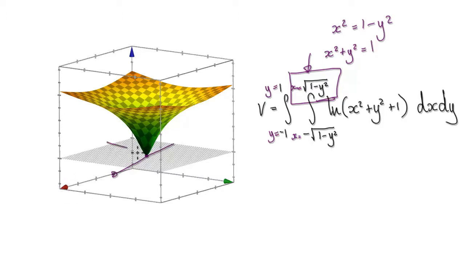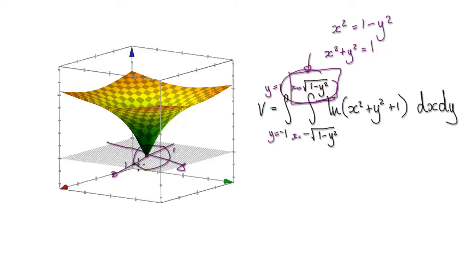This is your y-axis, and we are talking about a circle. This here would be your positive strand, and this would be your negative strand, and you know it's a circle of radius 1.